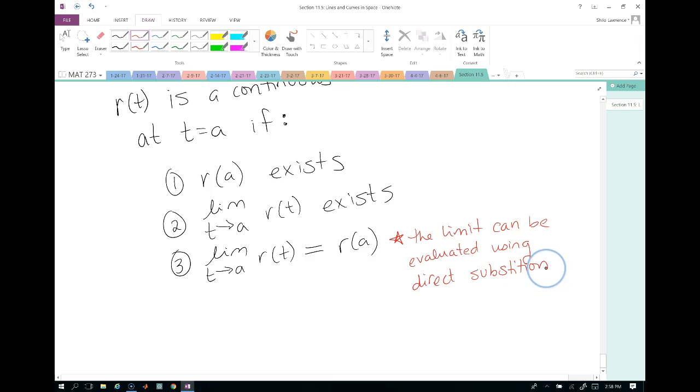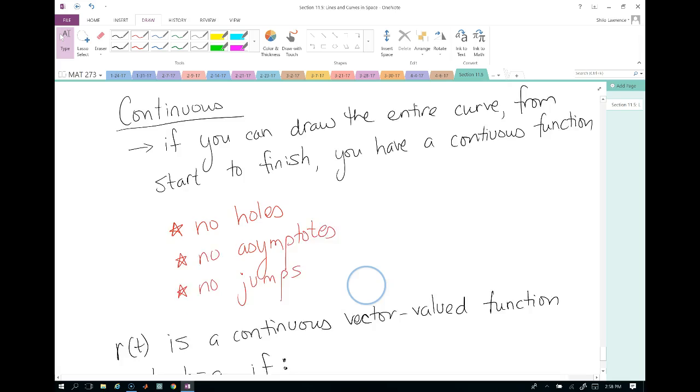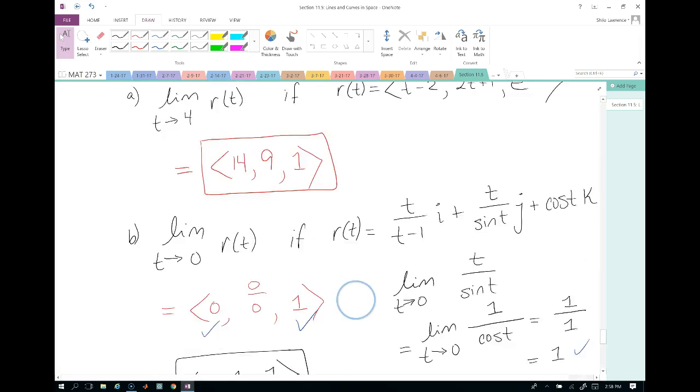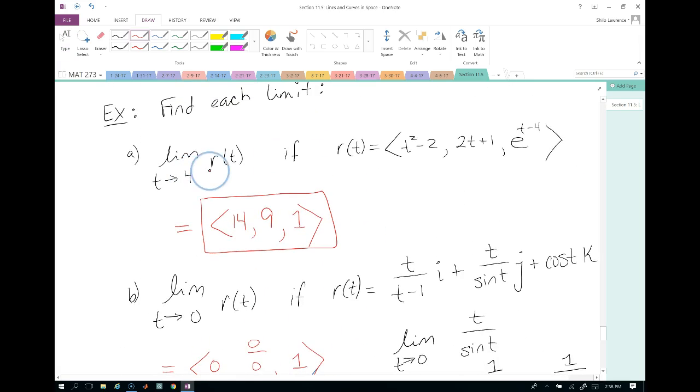So what that means for our last two examples: the first one we did, where the limit as t approaches 4 for our r of t, we were very easily able to get the answer 1, 4, 9, 1 just by plugging 4 in, and we had to do no special math tricks, no algebra simplification, no L'Hopital's. That means this one is continuous.